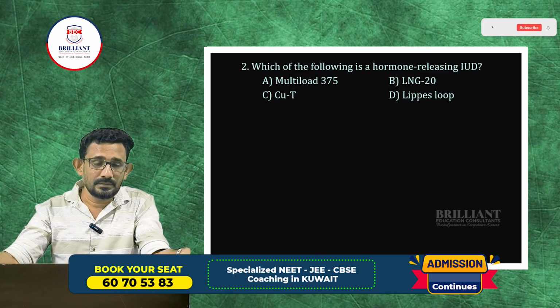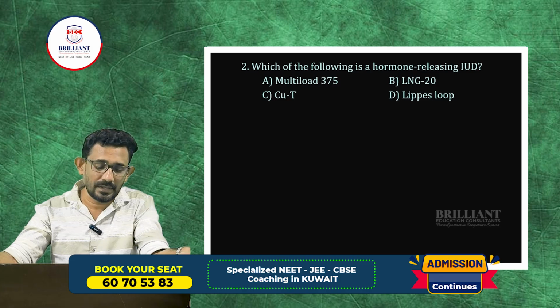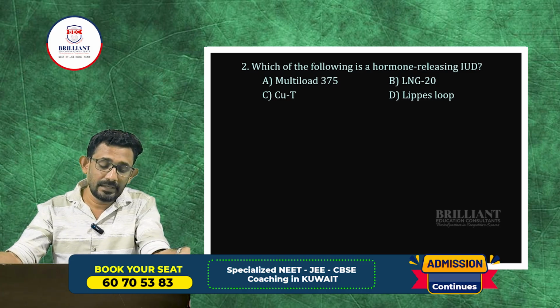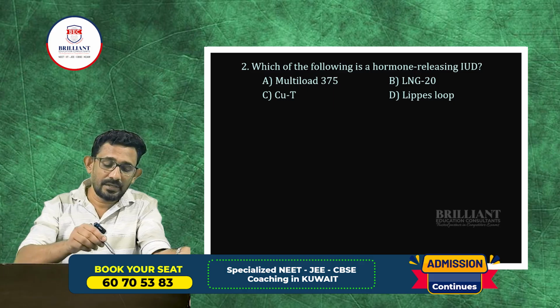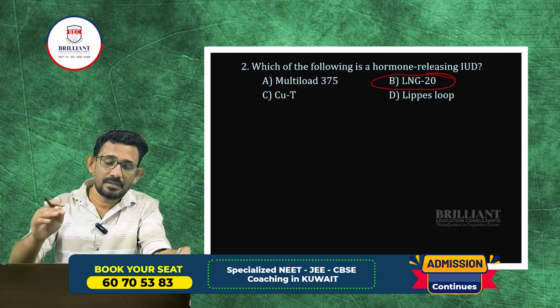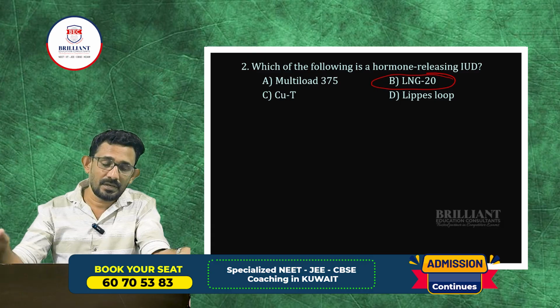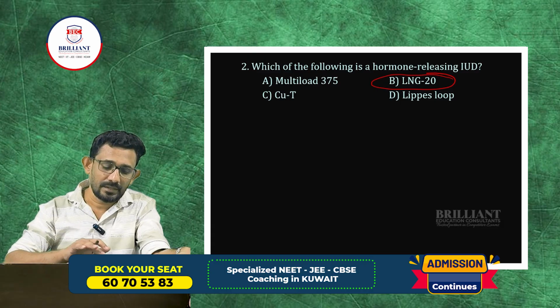Out of those, hormone releasing IUDs are there, copper releasing IUDs are there, non-medicated IUDs also there. So here multi-load 375, LNG 20, copper T, Lippes loop. Four options are there. So here LNG 20 is the only hormone releasing IUD. So here also option B is the correct answer.